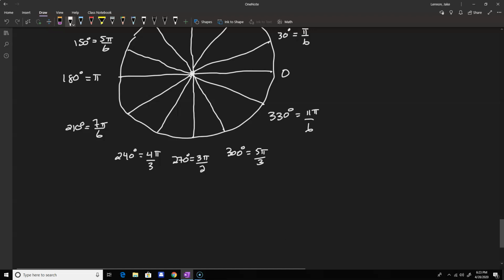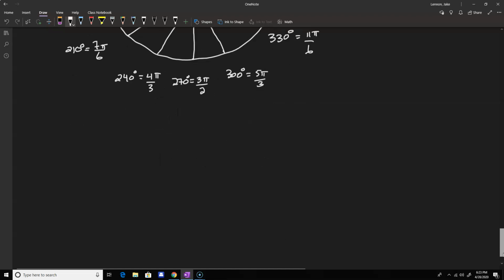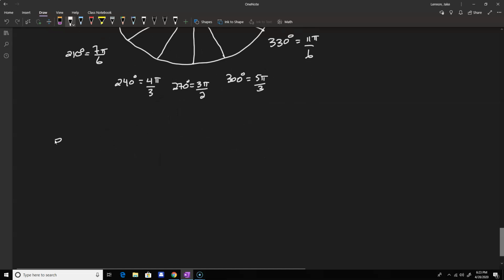But for the other points, let's just look at the first two, 30 degrees and 60 degrees. So at 30 degrees, when we have our triangle, it's the one that's closer to the x-axis. So it's kind of this shorter triangle like this. So in our 30, 60, 90 triangle, where is the 30 degree angle?